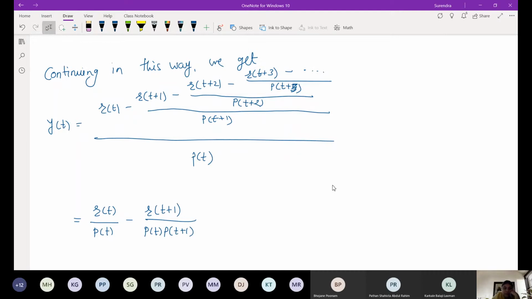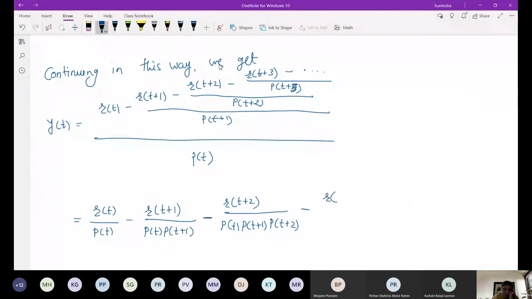Can I write like this? R at t plus 2 will be nothing but P at 2t plus 1 into P at t. Or first I will write P at t plus 1 into P at t plus 2, minus, what will be next?